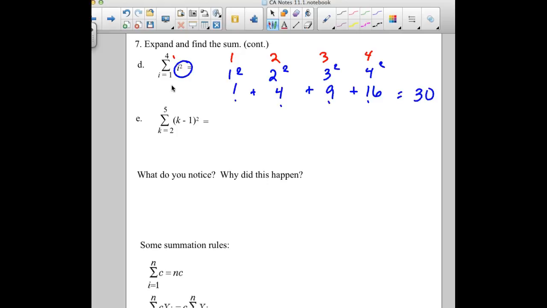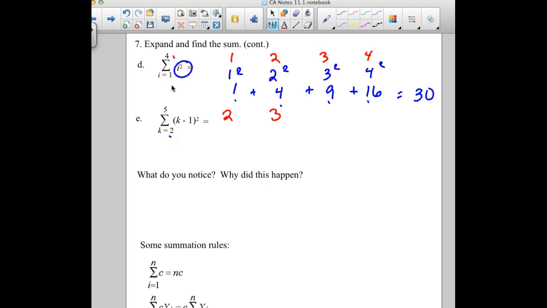Okay. How is the next one different? Okay, so we have a quantity that we're squaring, right? We have to do k minus 1 before we square it. We're starting this time with a 2.